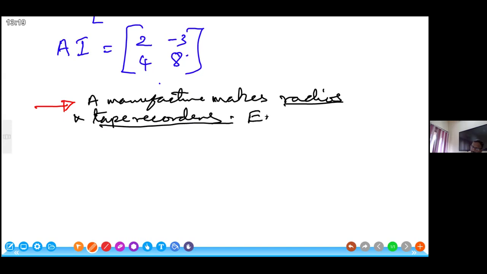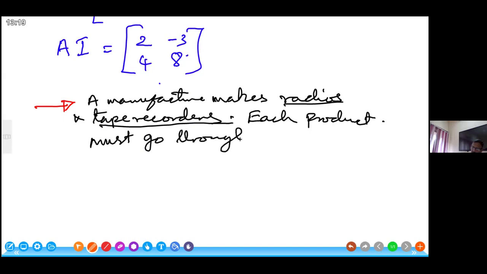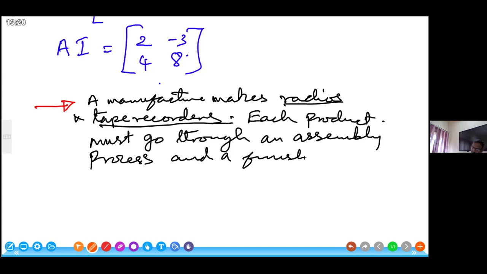Each product must go through an assemble process and a finishing process.